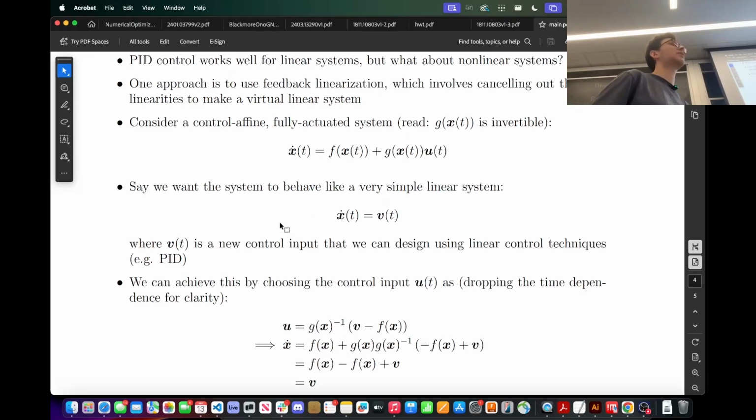If you don't have a fully actuated vehicle, you can do partial feedback linearization, which we might do on part of the system that is fully actuated. A very common example of this is a 3D drone.